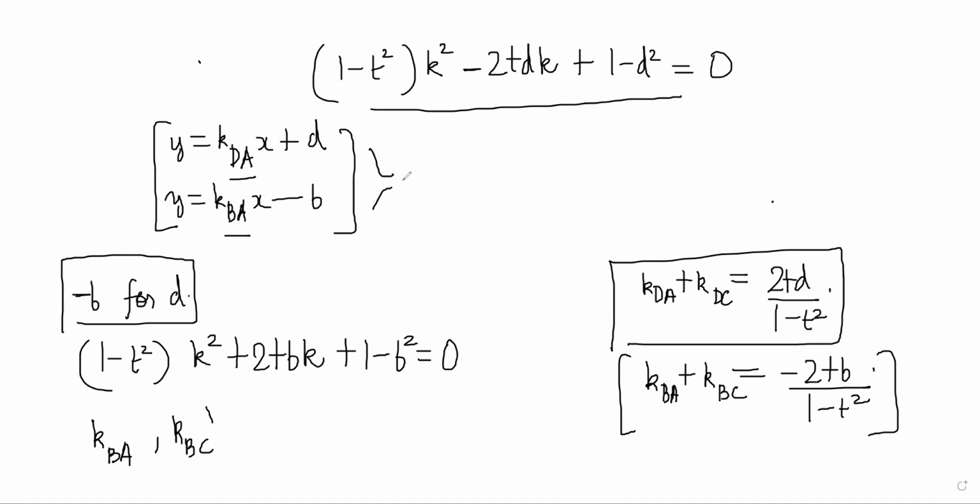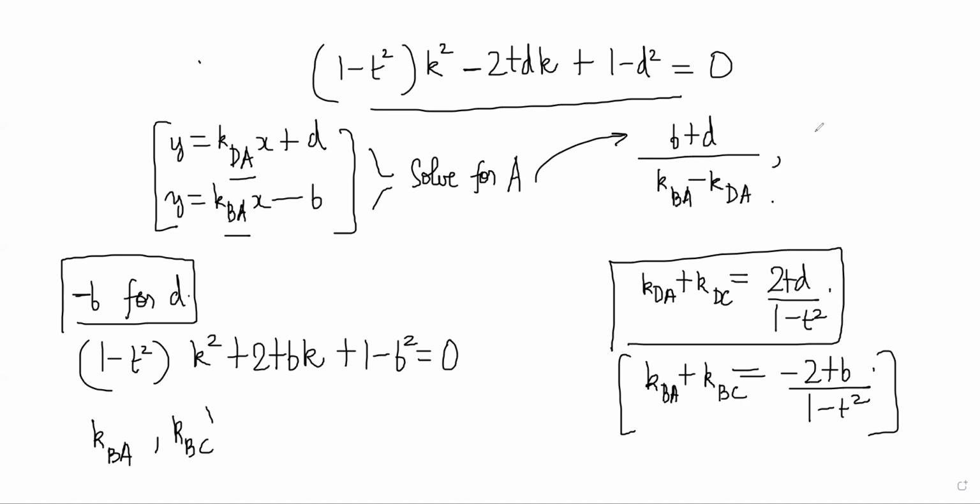If you solve these two line equations, you should get the coordinates of A. And if you do that, you will find that A's coordinates come out to be (b + d)/(k_BA - k_DA), comma, (b k_DA + d k_BA)/(k_BA - k_DA).